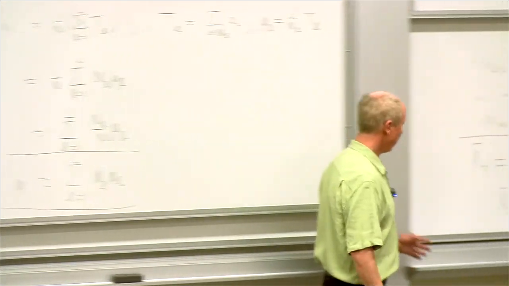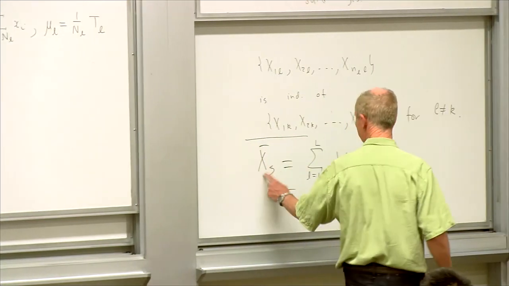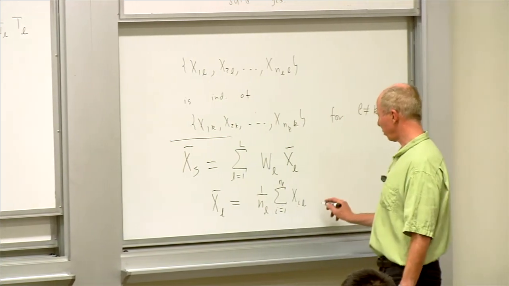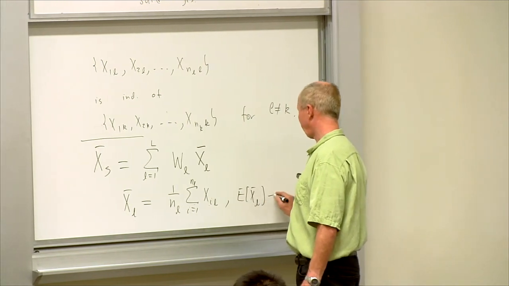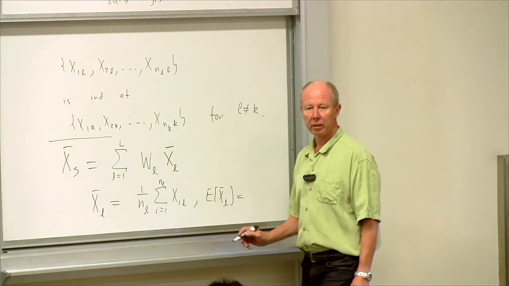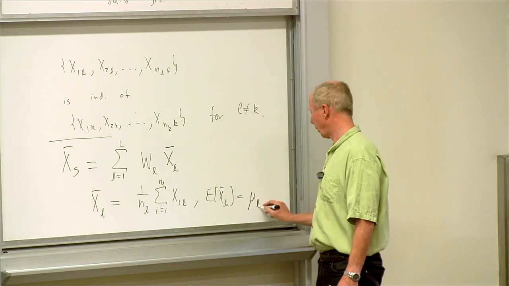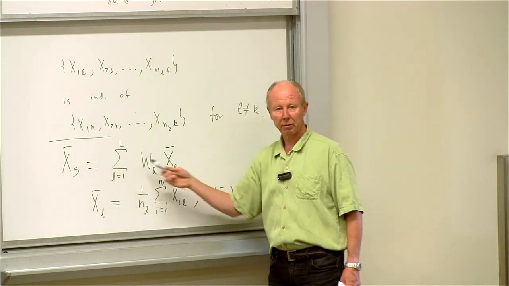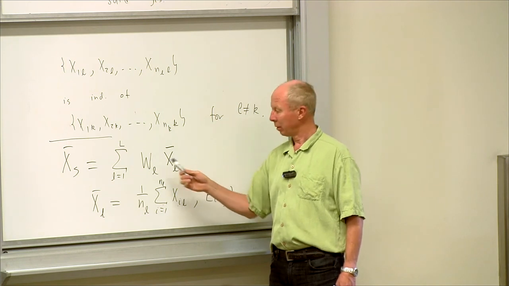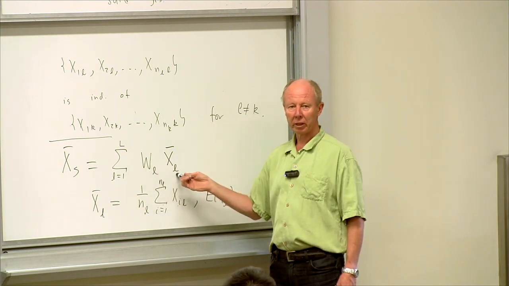And in fact, when I take the expected value of x s bar, what do I get? What's the expected value of x L bar then? It's mu sub L. So when I take the expected value of this, what happens? Well, I take the expected value over here. And this is a constant. So you get the expected value of this.